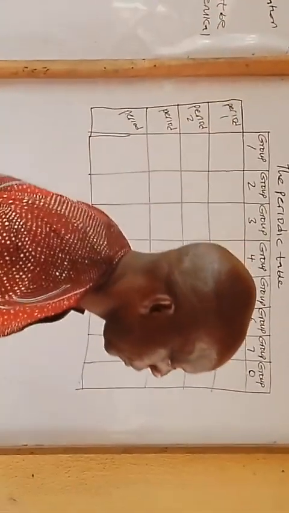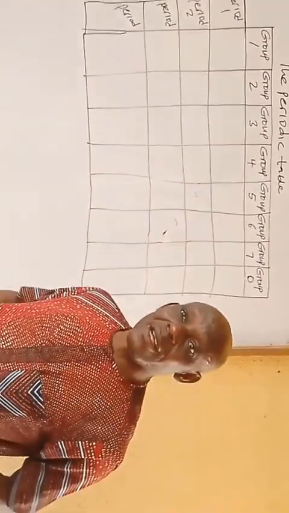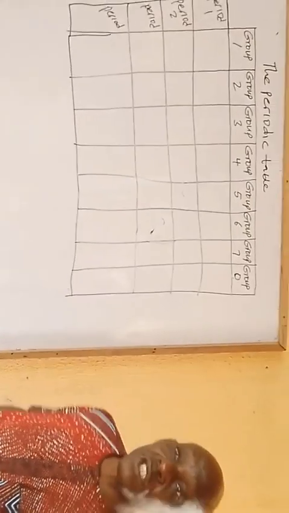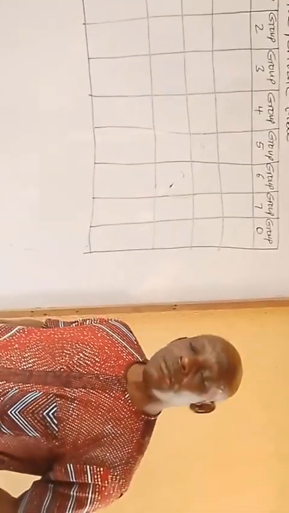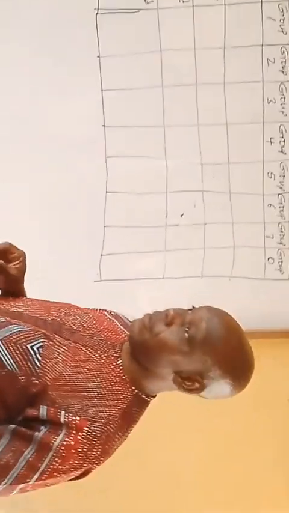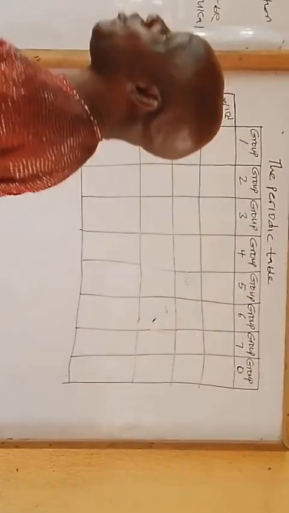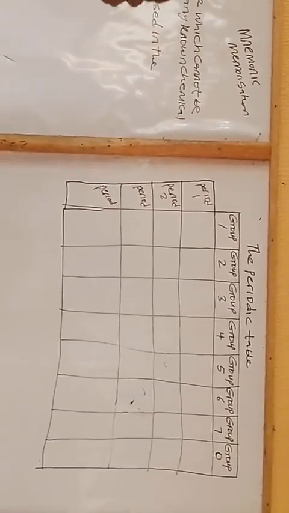Our periodic table is grouped into 8 groups and 4 periods. And how we can put each of the elements in their positions in the periodic table without making any technical mistake. So that, as I said the other time, you can use any other means to represent the elements.